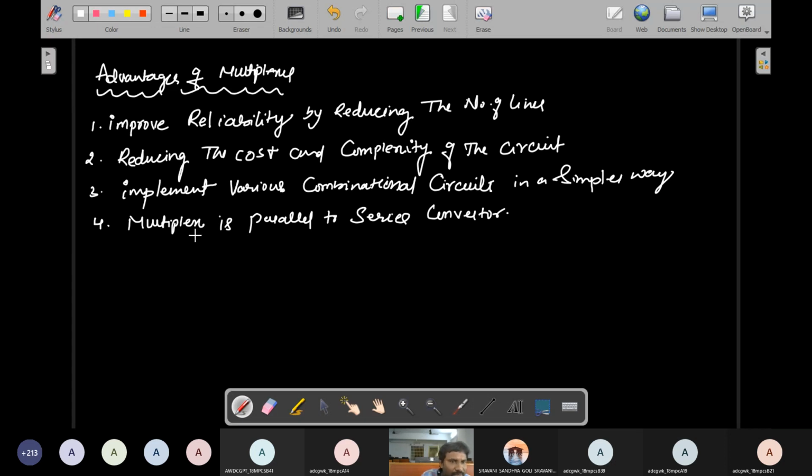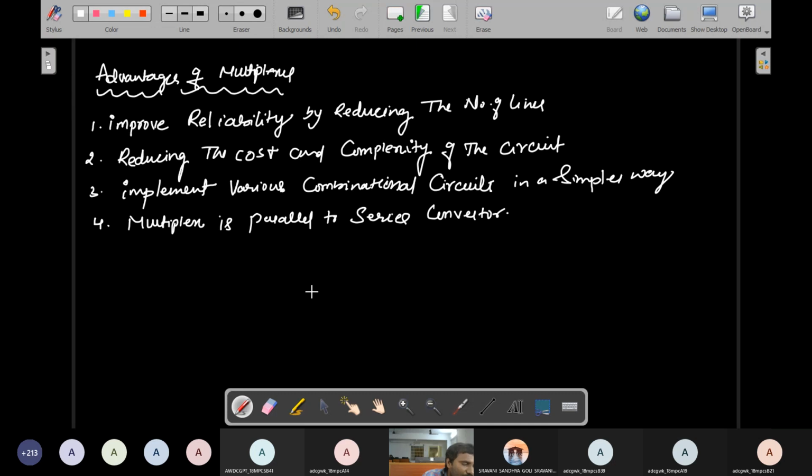You can convert any parallel circuit by using this multiplexer into series. So that is why it is called parallel to series converter. So these are the advantages, very important.